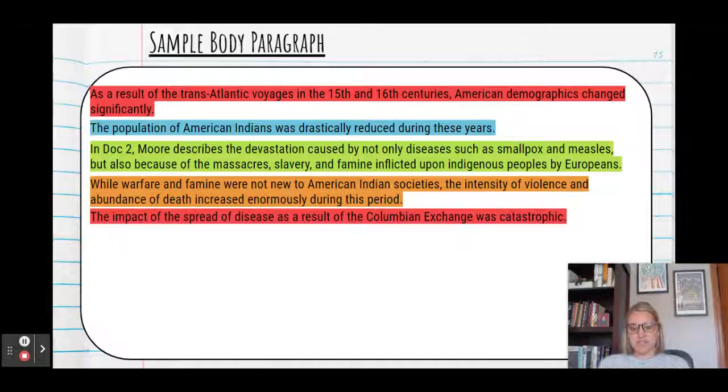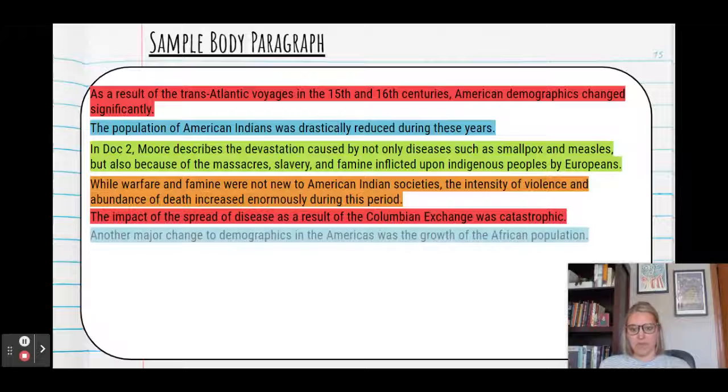The impact of the spread of disease as a result of the Columbian exchange was catastrophic. You can be this brief in a DBQ. Usually it's better to explain it a bit more. In the LAQ, you really have to do a good job of explaining the outside evidence, but here this would be enough. All right, now I'm going to introduce the information from my second document.